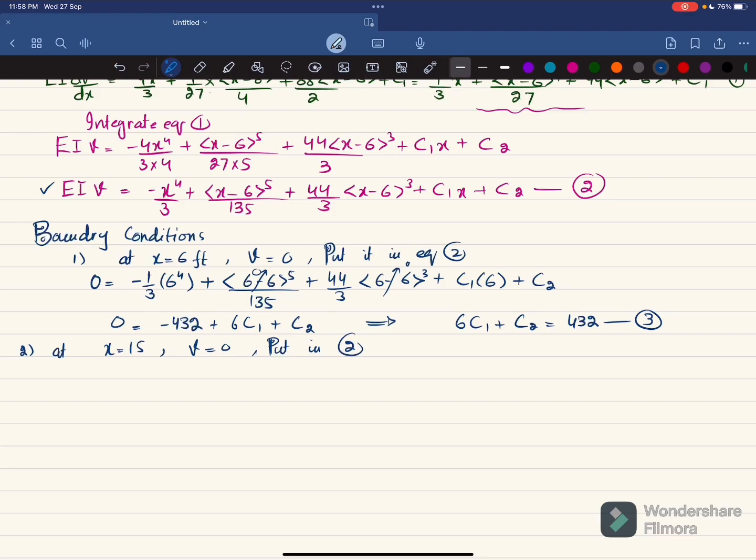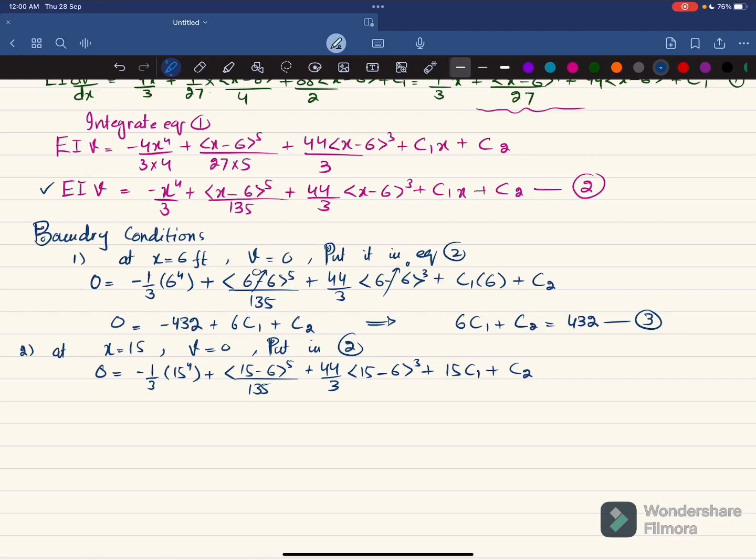2. So what you will get, EI into V is equal to 0 is minus 1 over 3 into 15 cube, 15 power 4 plus 15 minus 6 whole power 5 divided by 135 plus 44 by 3 into 15 minus 6 power 3 plus C1 into x, which is 15. So 15 C1 plus C2 is equal to 0.